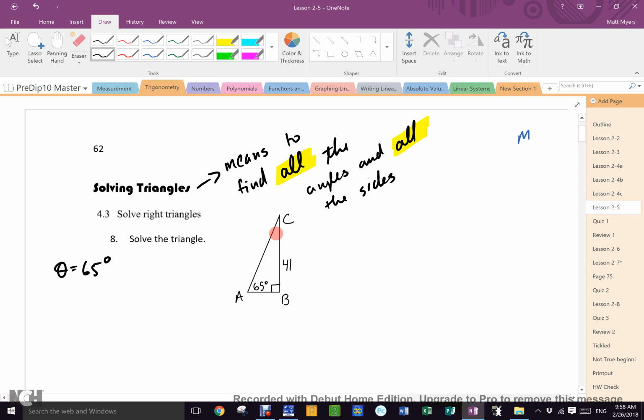So this angle right here has to be 90 minus theta, doesn't it? Because this 90 is covering 90 of my 180. So right away I know this angle is 90 minus theta, which is 90 minus 65, because I just said theta over here. So I know that's 25 degrees.